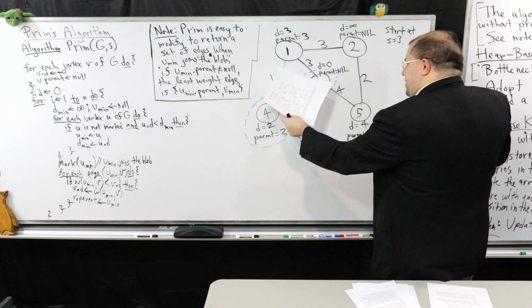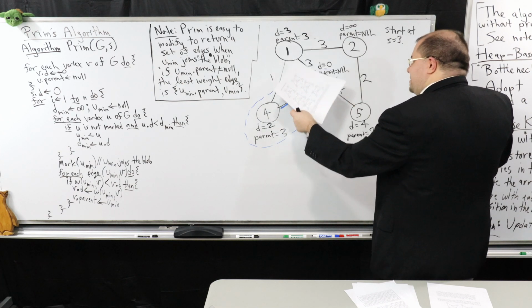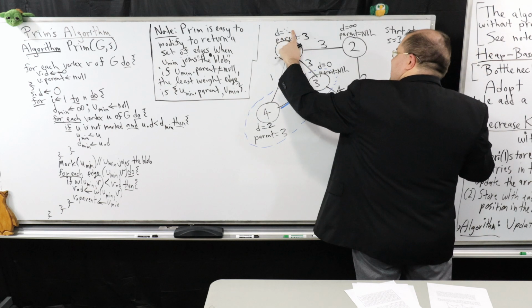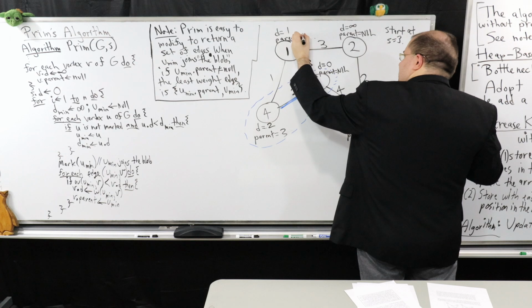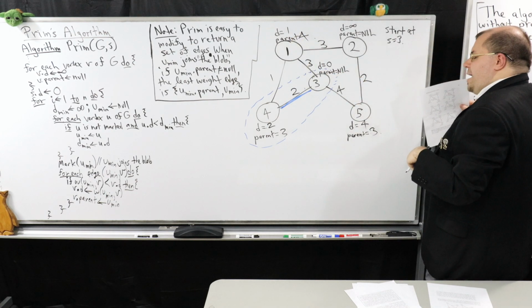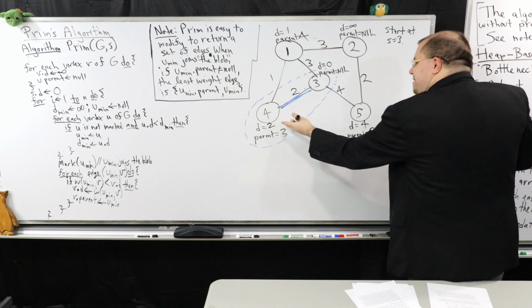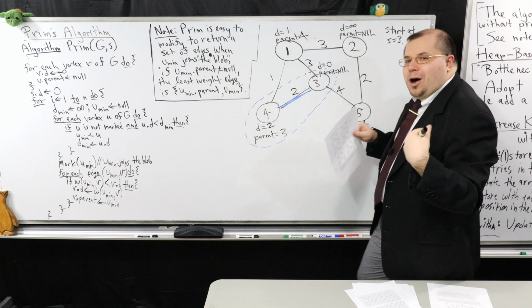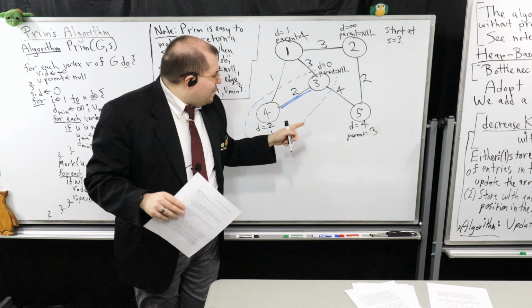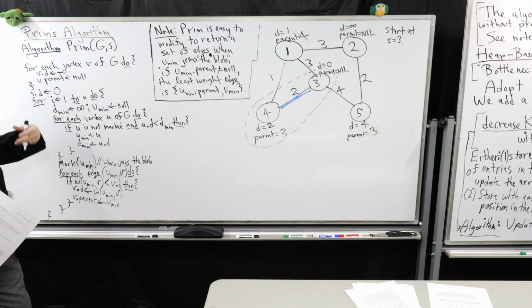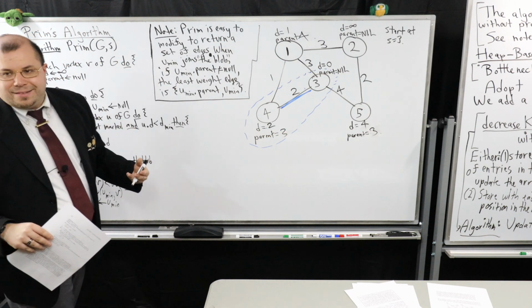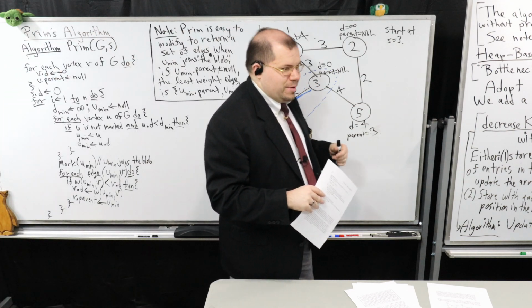Notice here that 1 is in fact less than 3, so I better update this D value to 1. And its parent now is 4. And naturally, the D value was the same one that got me here, so you know that this one isn't going to get updated, right? I already got there, and regardless, it's already in the blob. It will not select vertex 3 again.